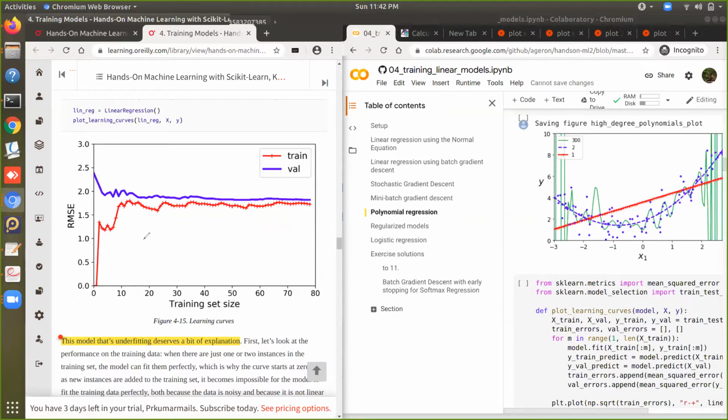Joseph made a point about training set size, but again, that is a very subjective matter, right? So we can see from the start that the validation error is almost the same from the start. If it is, we can think that the model does not learn anything at all.